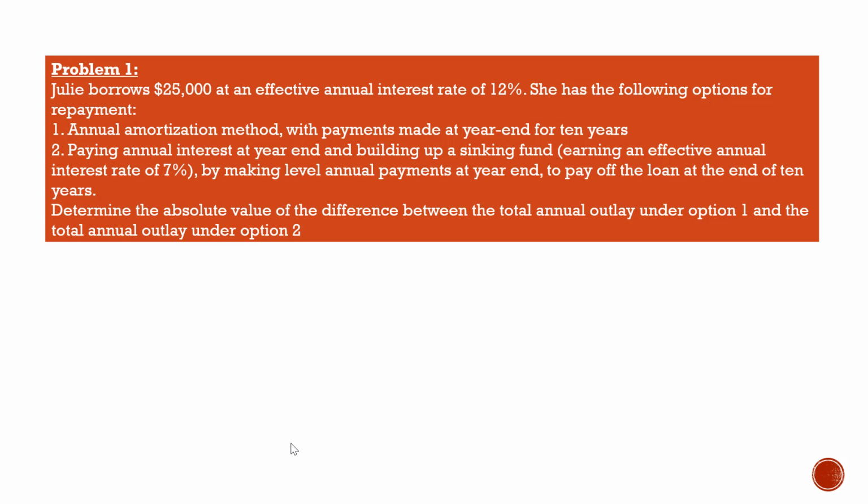She has the following options for repayment: the annual amortization method with payments made at the end of the year for 10 years, and the second option is paying annual interest at the end of the year and building up a sinking fund, earning an effective annual interest rate of 7%, by making level annual payments at the end of the year to pay off the loan at the end of the 10 years.